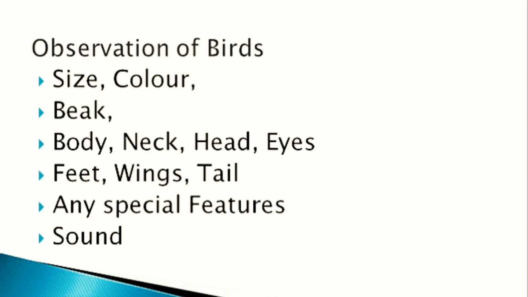Similarly, in another example, observation of birds, the teacher can ask children to observe different birds, their size, their color, the shape of their beak, their body, neck, head, eyes, feet, wings, tail, or any other special feature or sound.